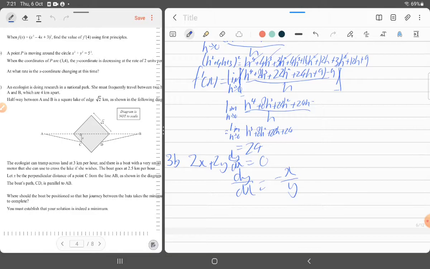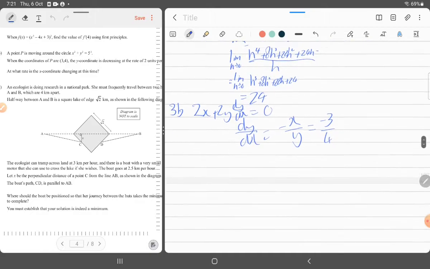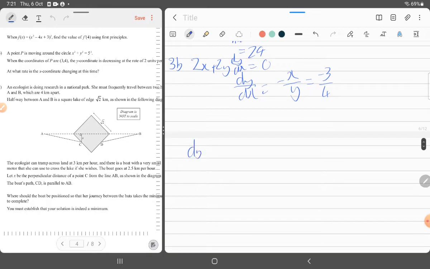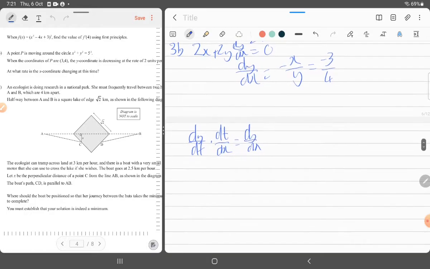Yeah, which is at 0.34, which is negative 3 over 4. So using the chain rule, dy over dt times dt over dx is equal to dy over dx.